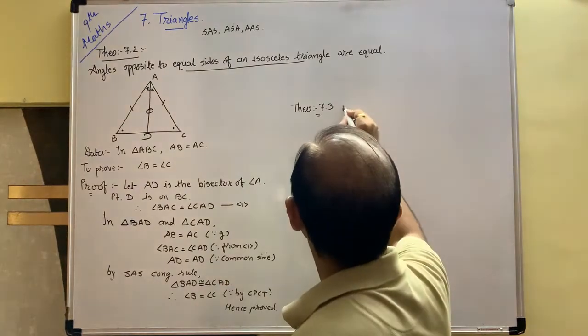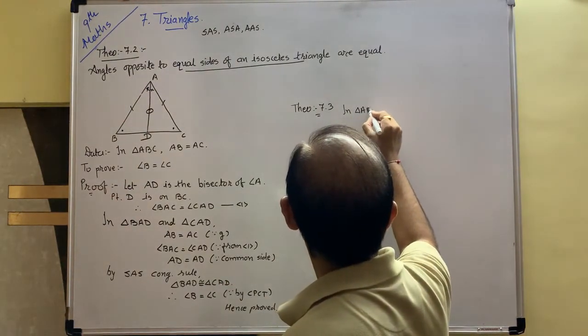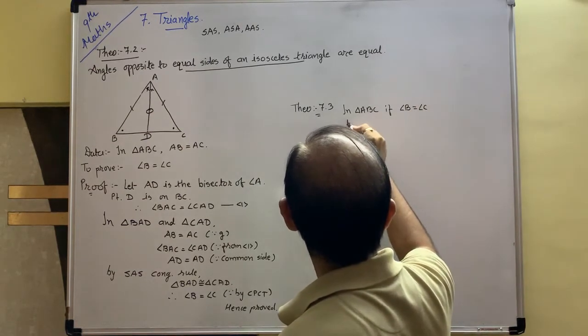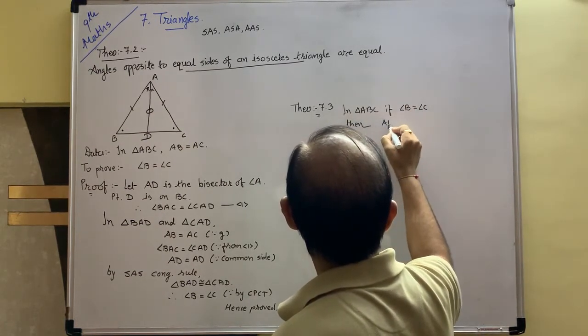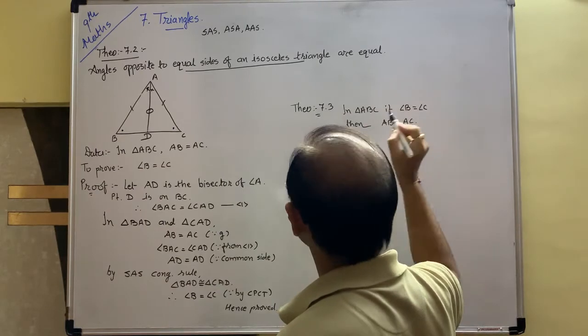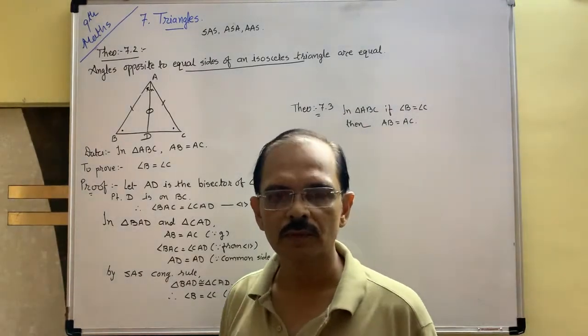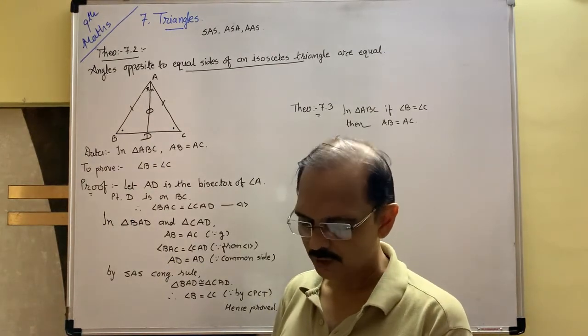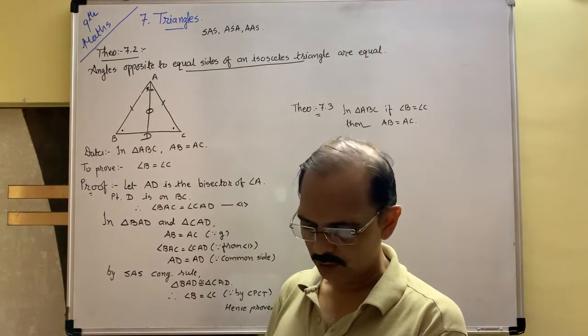Okay? In triangle ABC, if angle B equal to angle C, then AB equals to AC. That we accept without proof. This is your theorem number 7.3 without proof, on page number 122 it is given.